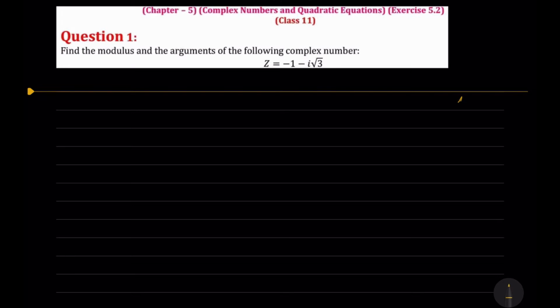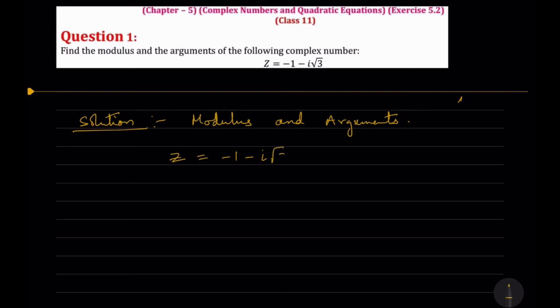Solution. We have to find out the modulus and arguments. So what is given to us? z is equal to minus 1 minus i root 3.